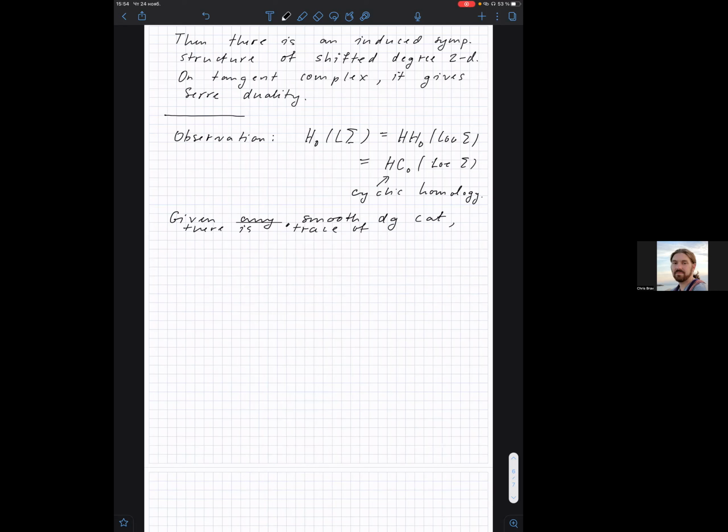It generalizes that. It's really trace of action. It goes from the cyclic chains of the category to the complex of functions on this moduli space.